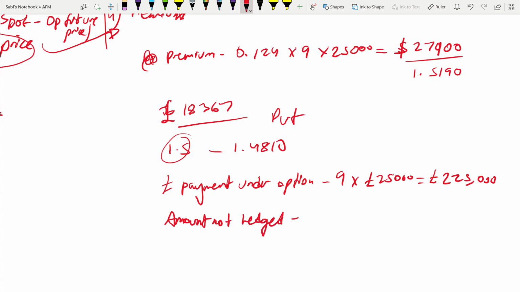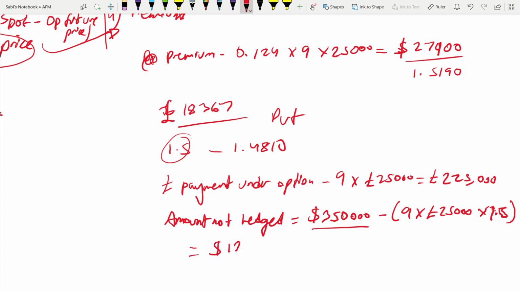So total amount to be hedged is how much? It is dollar 350,000, right? Out of this, minus the amount you have hedged. So it will be 9 into 25,000, but you need to multiply this by the exercise price, because that is in pounds and you need to convert this into dollars, because the total is in dollars. So in dollars, it is 12,500, which is not hedged.